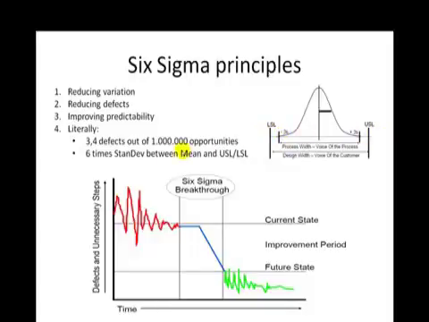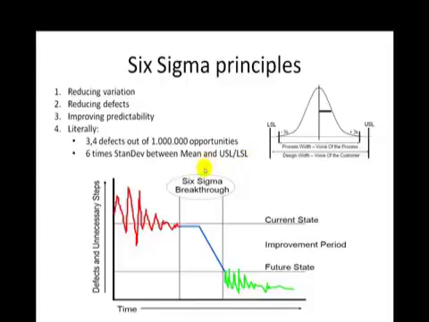In other words, a Six Sigma process has a very low standard deviation, so very low variation, because the standard deviation could be put next to each other 6 times until you reach the upper spec limit, or 6 times this way from the mean until you reach the lower spec limit. So literally a Six Sigma process has 6 standard deviations between the mean, so the average, and the specification of the customer.